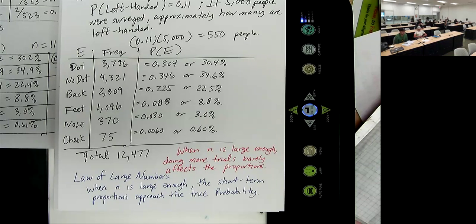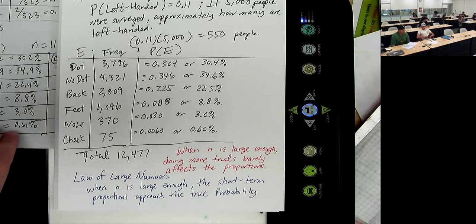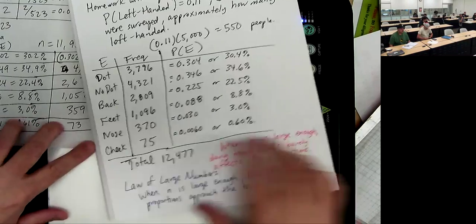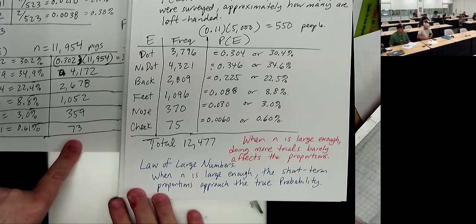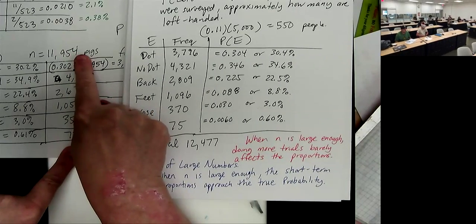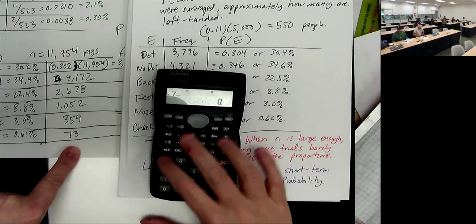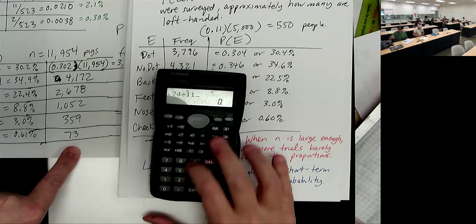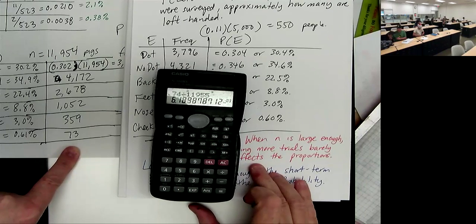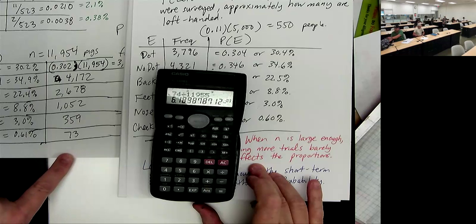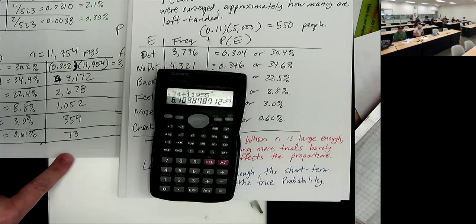And a good check is always taking the one that is least probable, in this case the leading dollar, and adding 1 to it and seeing if it changed it. If it doesn't change it hardly at all, you're good to go. Like if we added just a 1 to theirs here and got a 74, and up this to 11,955, what would we get? 74 divided by 11,955 is still 0.00618 or 0.0062.